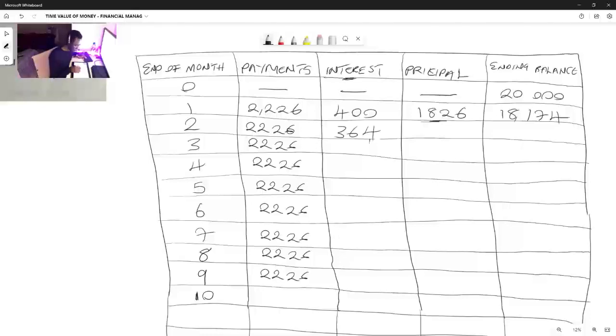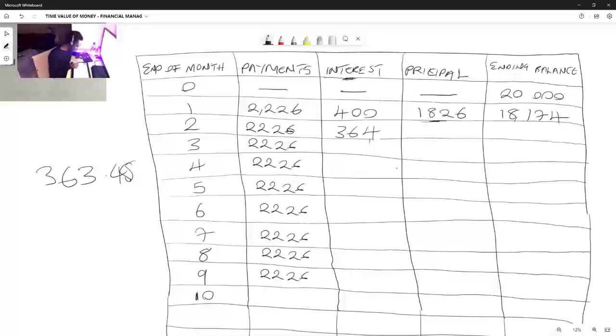But how do we get the 364? Because we have a decimal when we initially do the actual calculation, right? When we multiply 18,174, the ending balance of period 1, by 2%, we get 363.48.